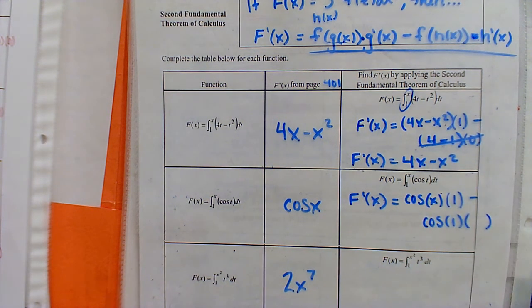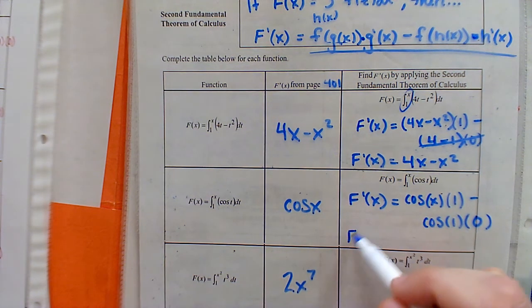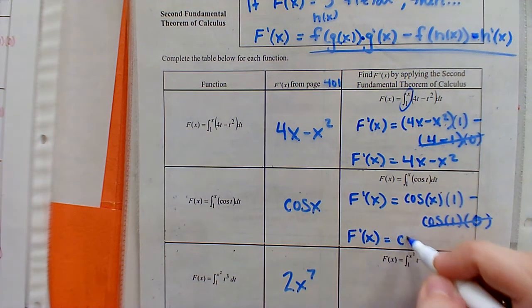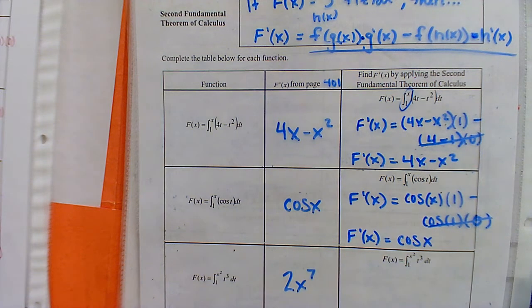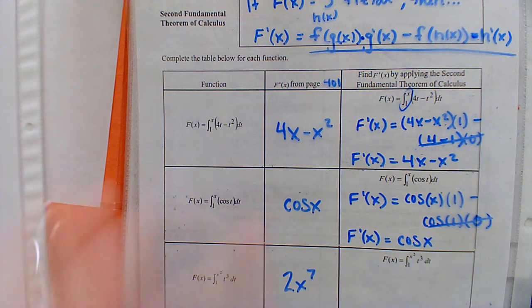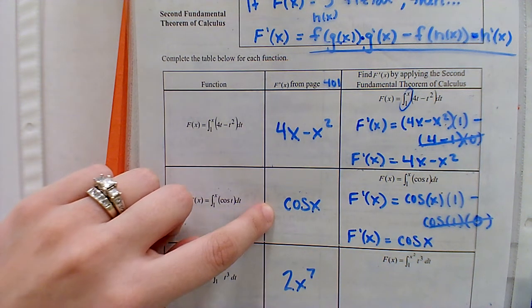The derivative of 1 is 0. So cosine of 1 times 0, that's going to go away, and cosine of x times 1 is just cosine of x. Doesn't that match what we got on the previous page? A lot less work though.